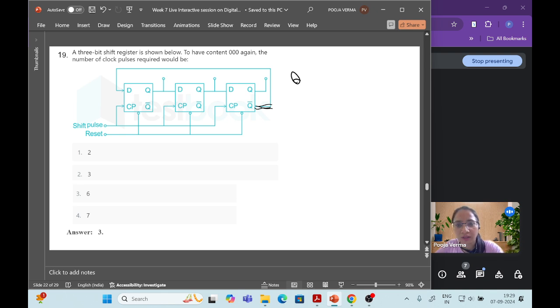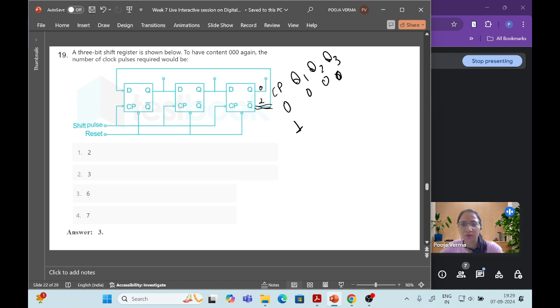Okay, so Q1, Q2, Q3 are already in position 000. When the first clock pulse is applied, it is in position 000. Here it is 0, so it will be complemented to 1, right?